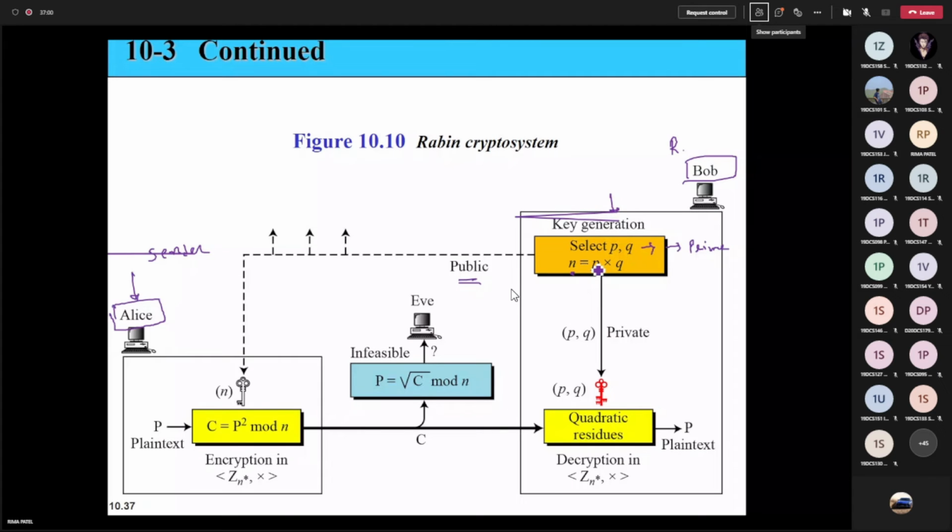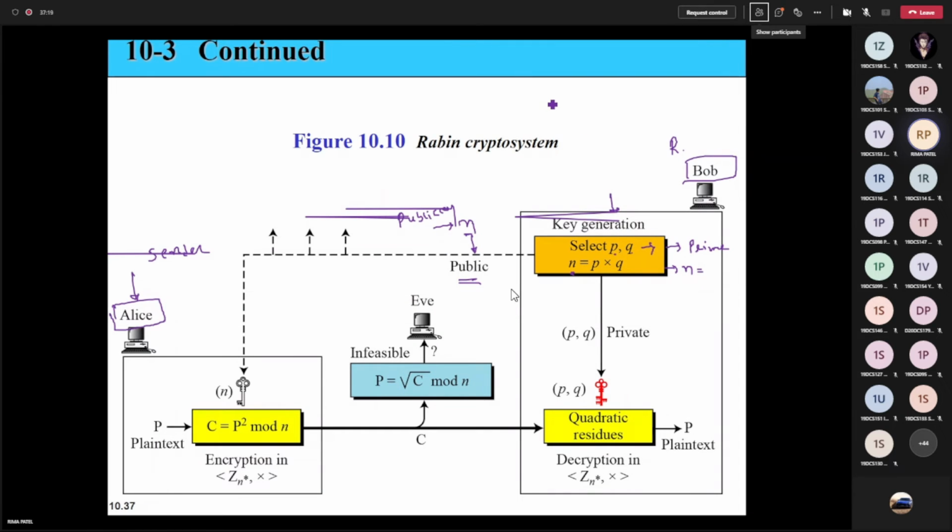Bob is going to announce this n as his public key. He is not going to tell the factorization.